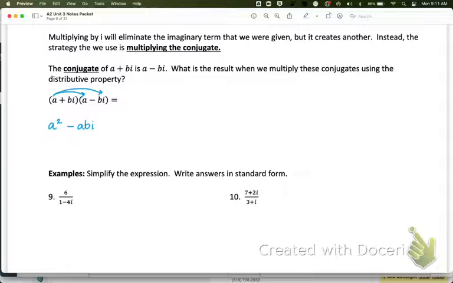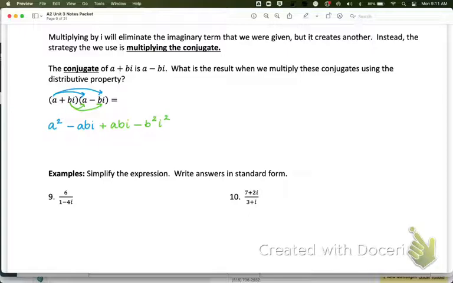If we put them in alphabetical order, that's helpful. Then I can multiply positive bi times positive a, so that's positive. Again, in alphabetical order, that's going to be a times b times i. And then a positive times a negative makes a negative. b times b is b squared, and i times i is i squared.